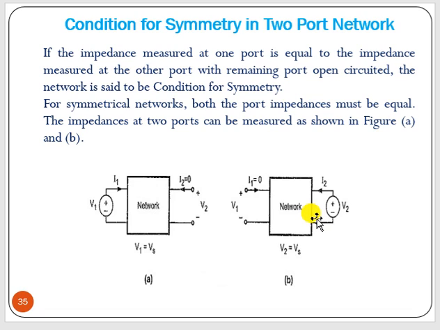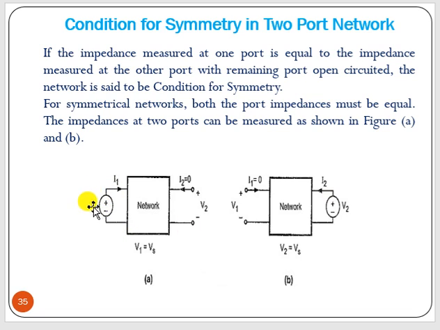Now the condition for symmetry in a two-port network. Symmetry means that if the impedance measured at one port is equal to the impedance measured at the other port, with the remaining port open circuited, the network is said to satisfy the condition for symmetry. Now for symmetrical networks, both port impedances must be equal. The impedances at the two ports can be measured this way.